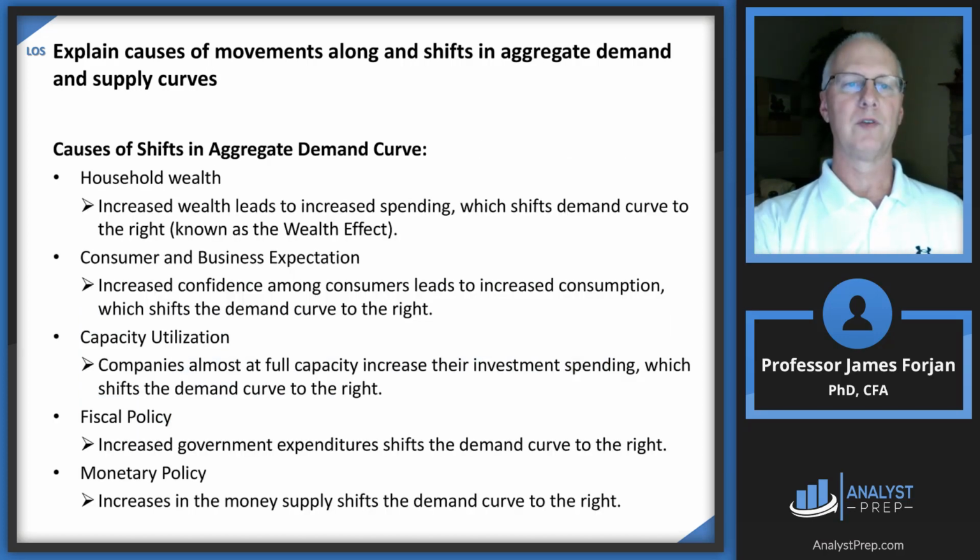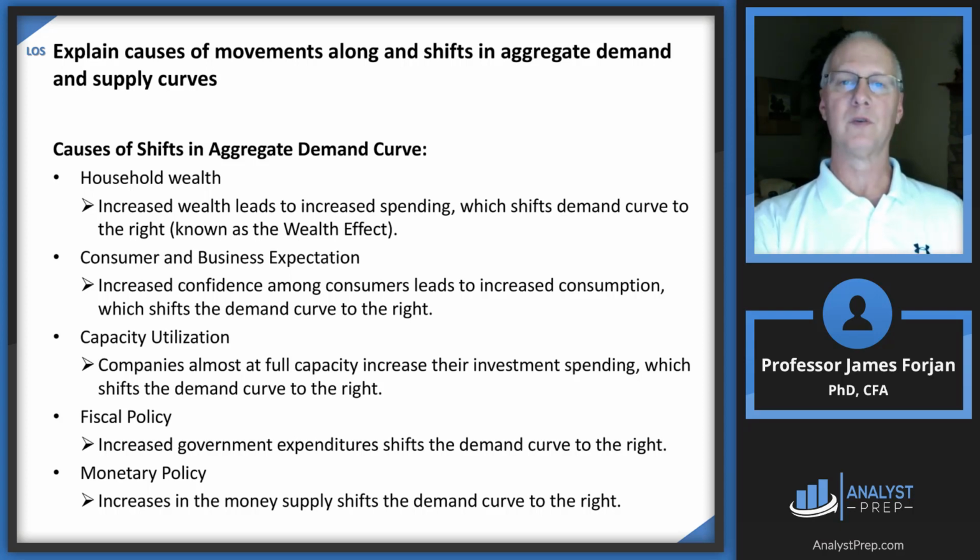How about causes of shifts in the aggregate demand curve? Think about what aggregate demand is. It's the demand for all the goods and services. And so what's going to cause a shift? Of course, changes in household wealth, changes in consumer and business expectations.